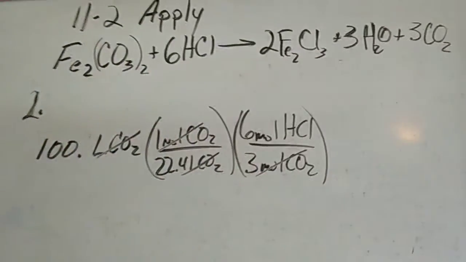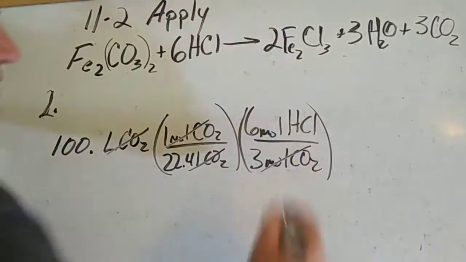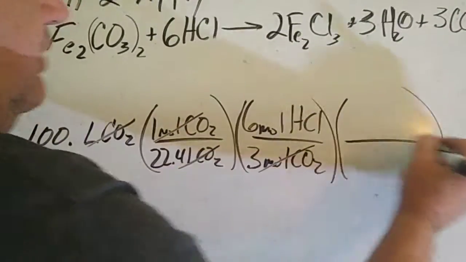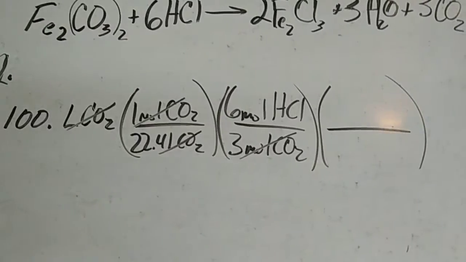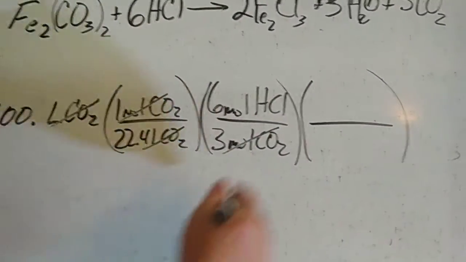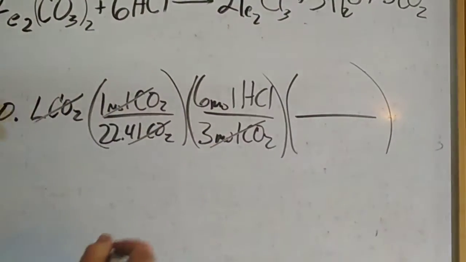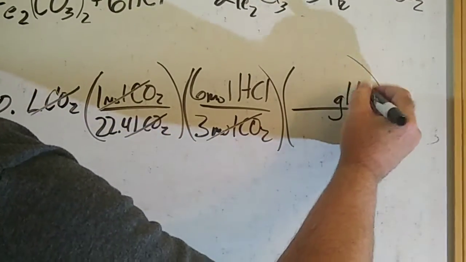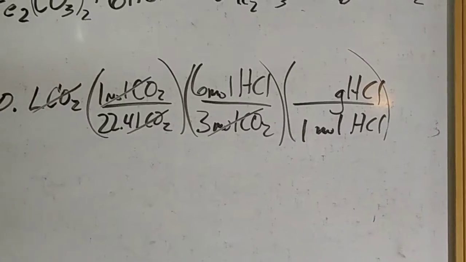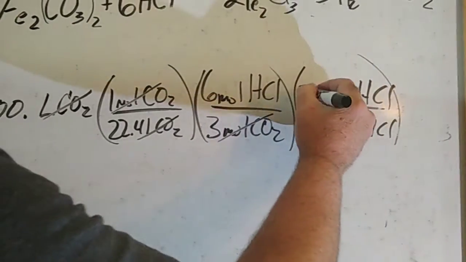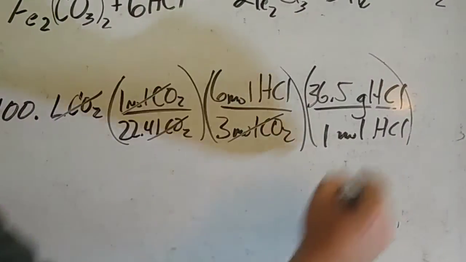Now, you could cancel out the 3 and the 6 if you want to. I usually suggest to my students not to do that until you're further along and playing around with these diagrams and doing this stoichiometry. So just leave it the way it is. The last thing is let's turn this into grams of HCl per 1 mole of HCl. And 35.5 plus 1 is 36.5.